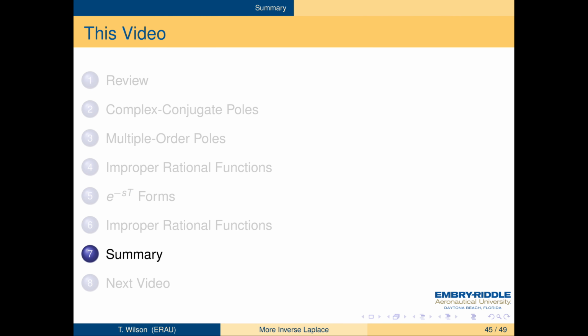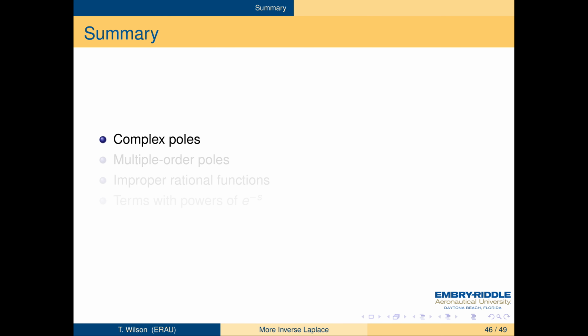To summarize, in this video, we looked at the forms of waveforms that generated Laplace transforms with complex conjugate pole pairs. The waveforms were sinusoids and sinusoids with exponential envelopes. We saw how to use the complex residue of the pole with a positive imaginary part to determine the amplitudes of the cosine and sine terms of the waveform in cosine-sine form and the magnitude and angle of the waveform in magnitude-angle form.